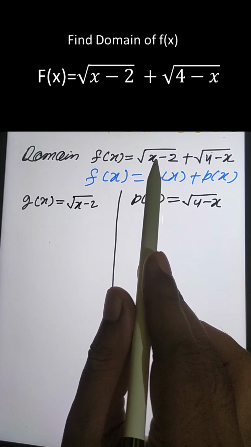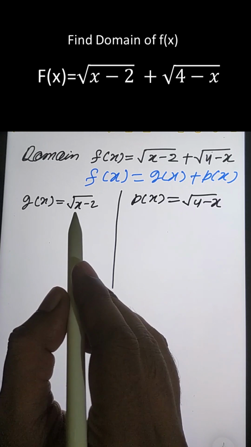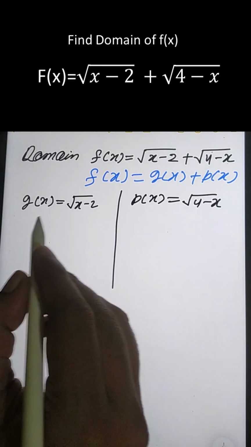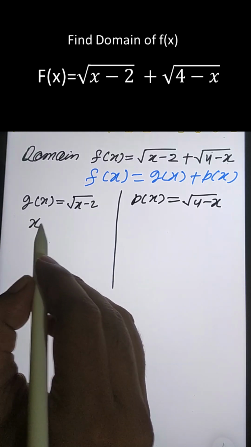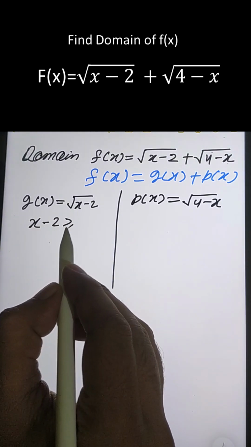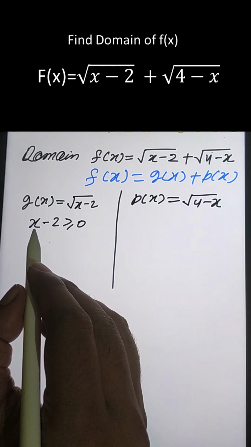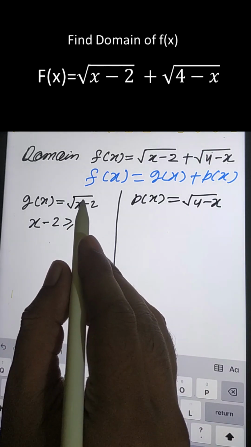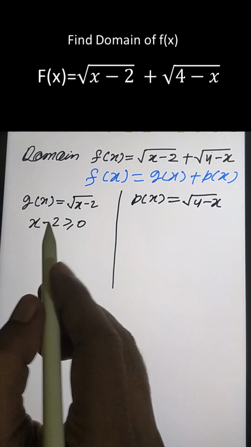First we discuss this one, after that this one. The square root of x minus 2 is defined only if x minus 2 is greater than or equal to 0. Clear or not?